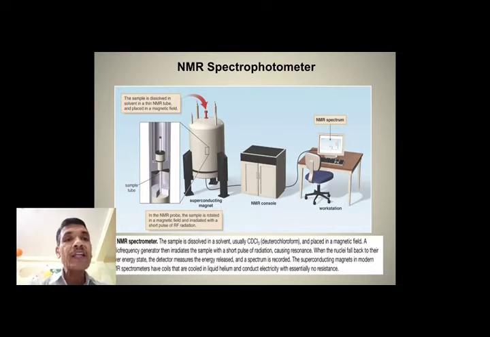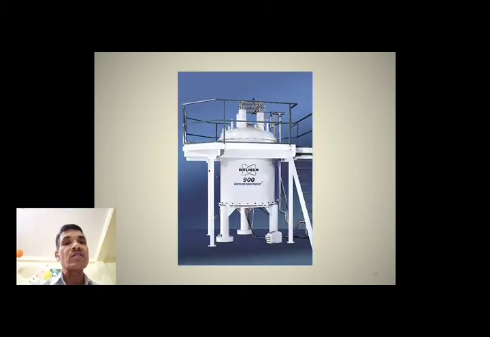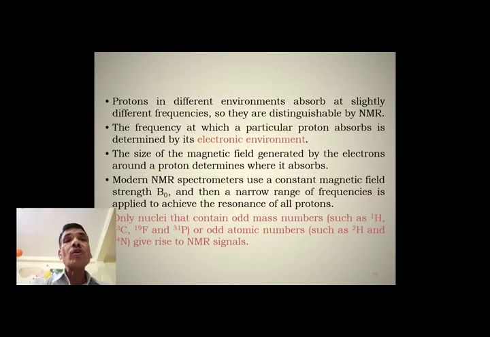The superconducting magnets in modern NMR spectrometers have coils that are cooled in liquid helium and conduct electricity with essentially no resistance. Here is a very modern instrument which is used as a nuclear magnetic resonance spectrometer, shown in this picture. Protons in different environments absorb at slightly different frequencies.